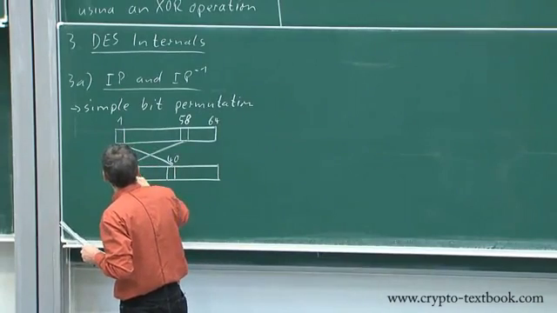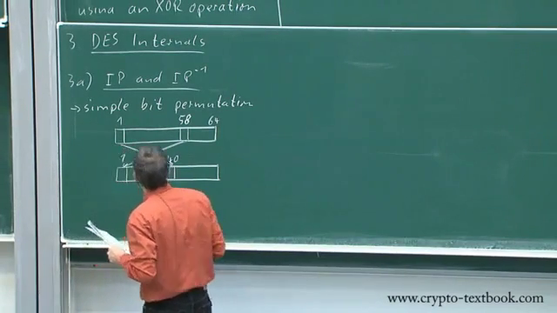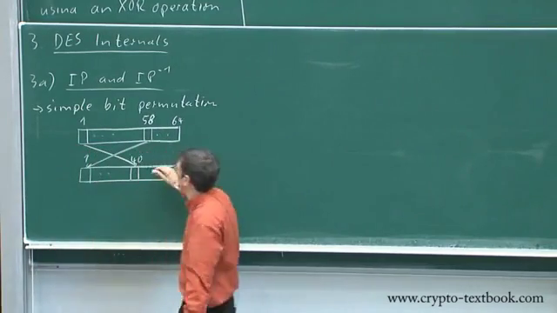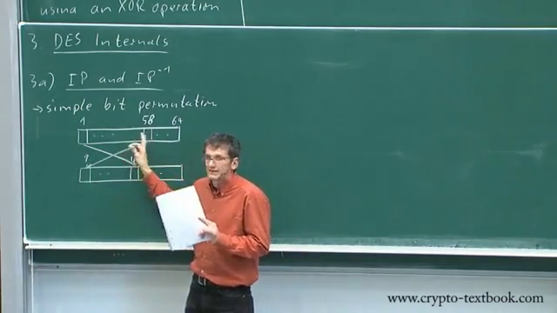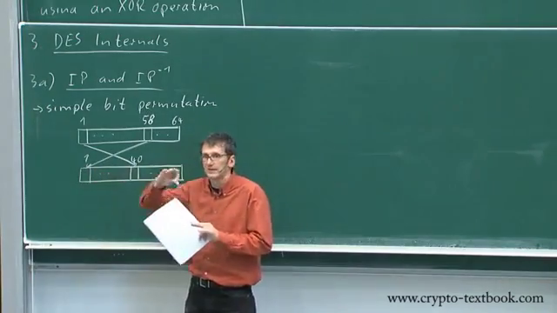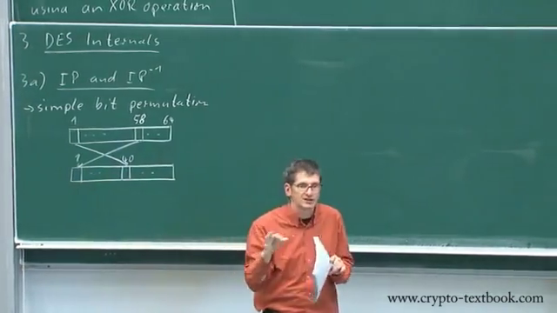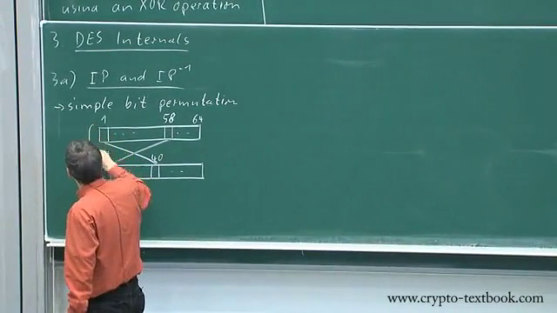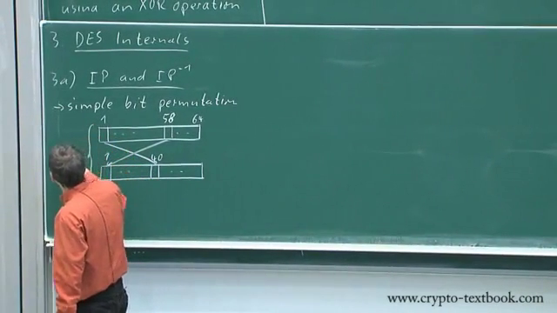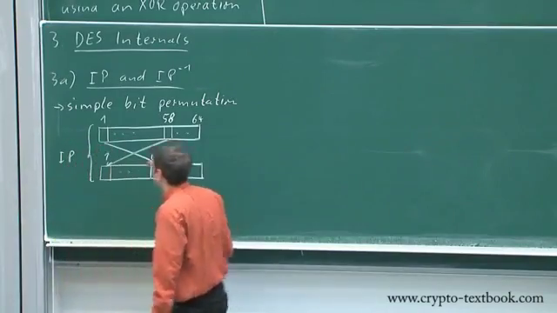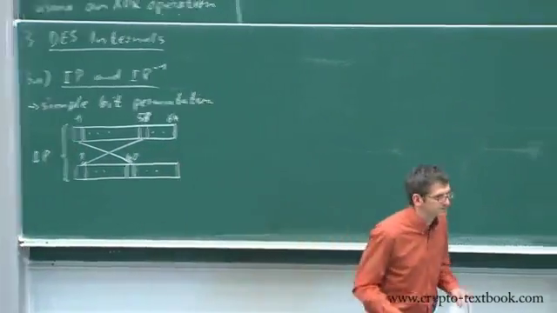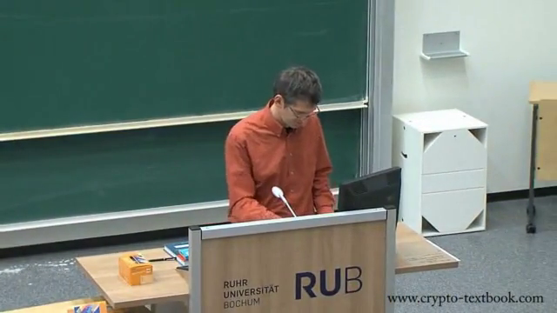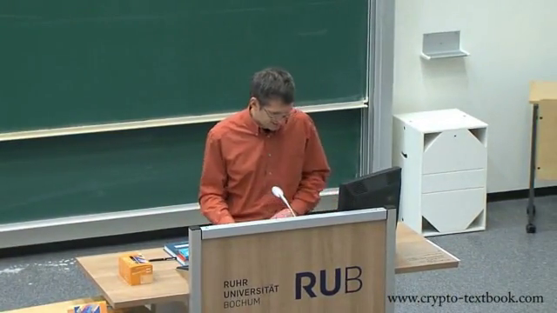So this is copied here, position 1. It's essentially an irregular, random permutation. So what you have here is permutation IP.